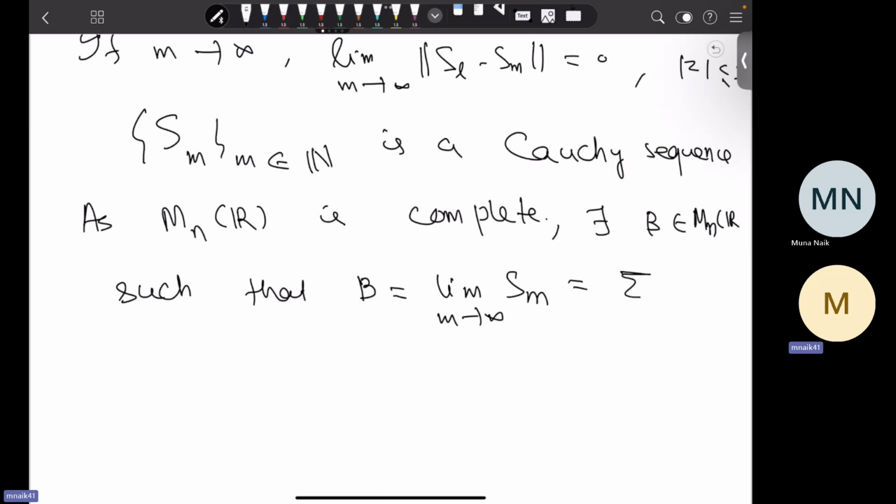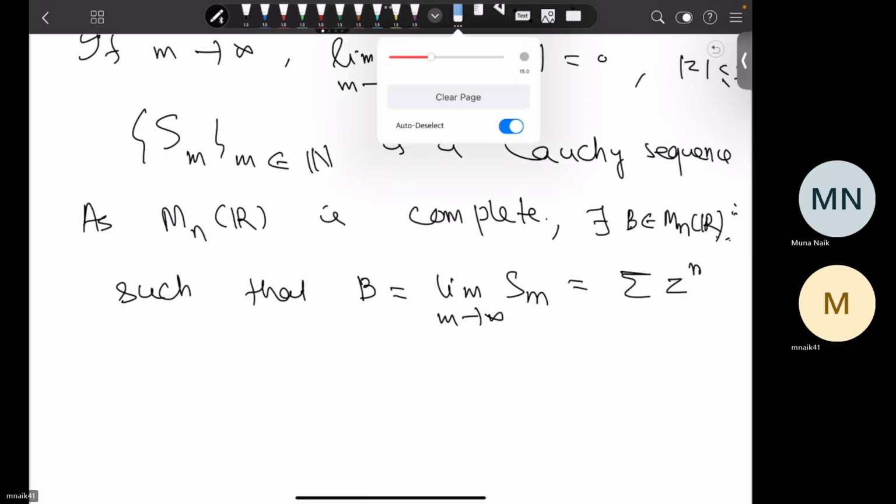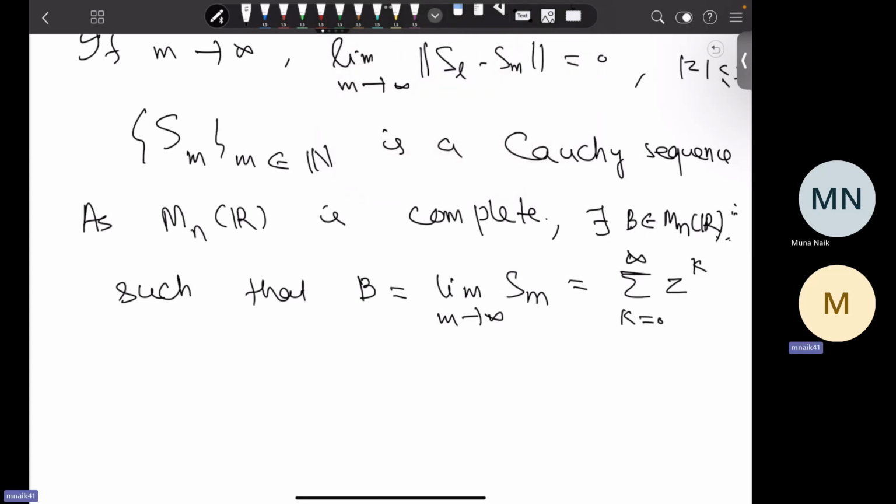It is the sum of Z to the power k, k equals 0 to infinity.